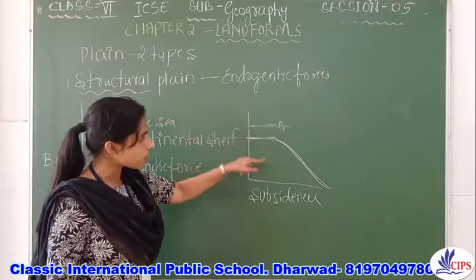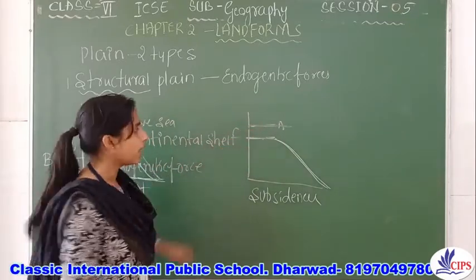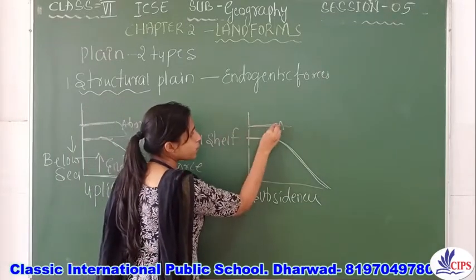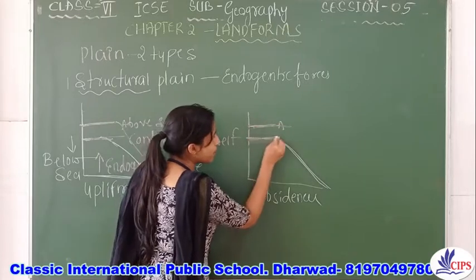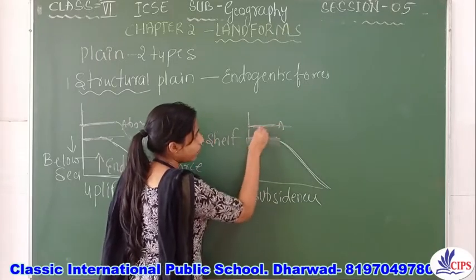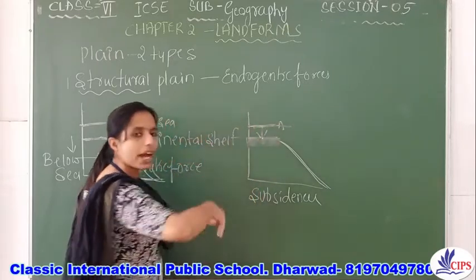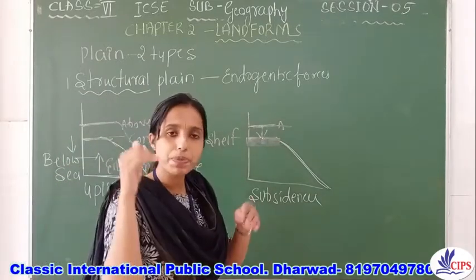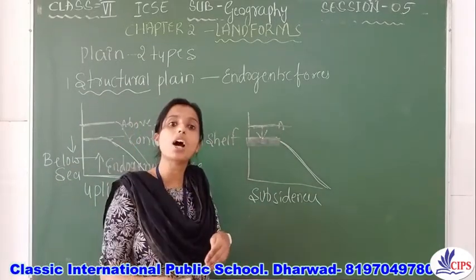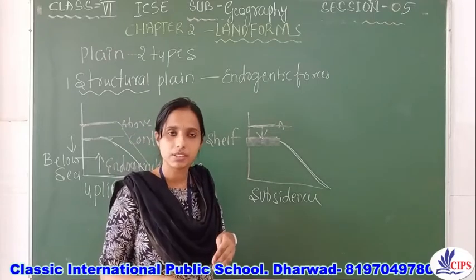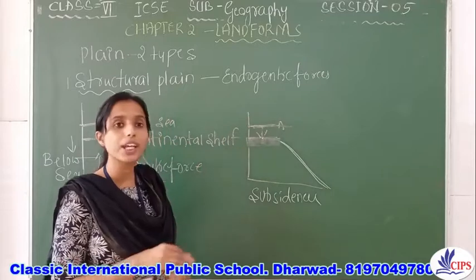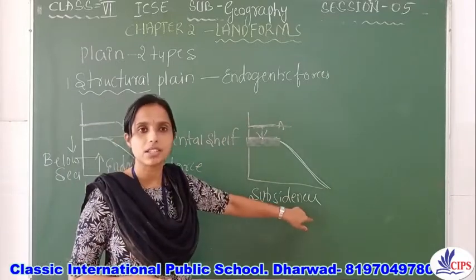But because of the endogenetic forces, the area gets subsided. The area which was here comes to this level. The area comes down like a graben. We call it subsidence.